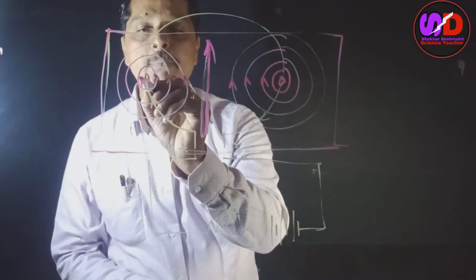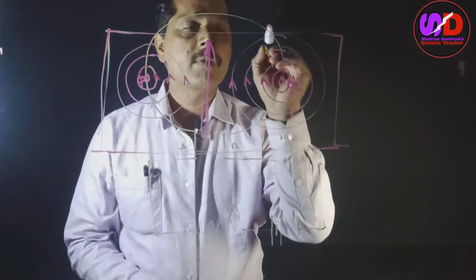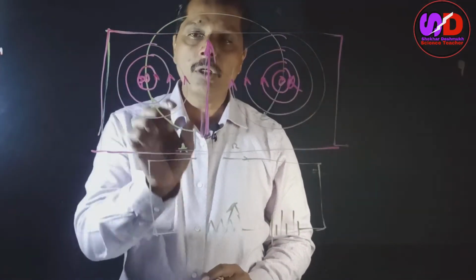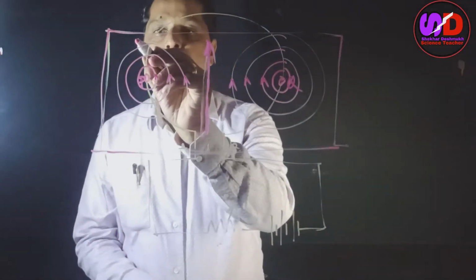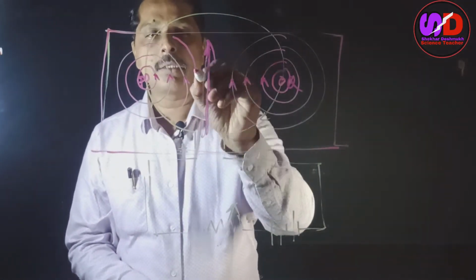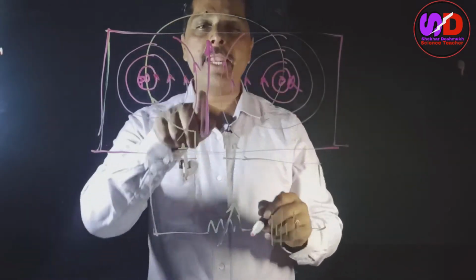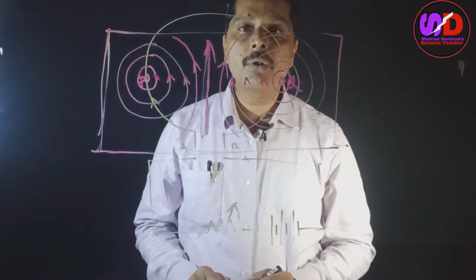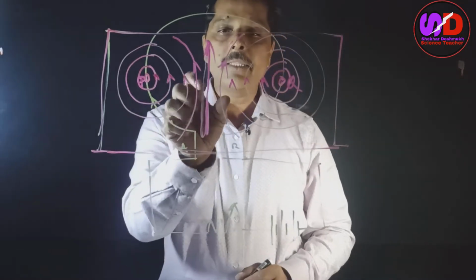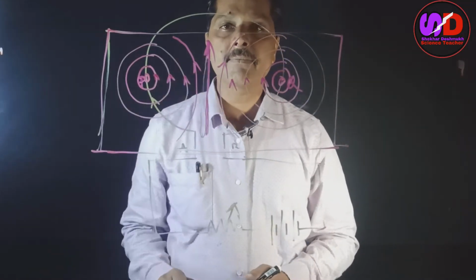Suppose this is point P, this is point Q. The magnetic field produced due to these 2 points is nearly a straight line in the center of the loop, and they have a similar direction.